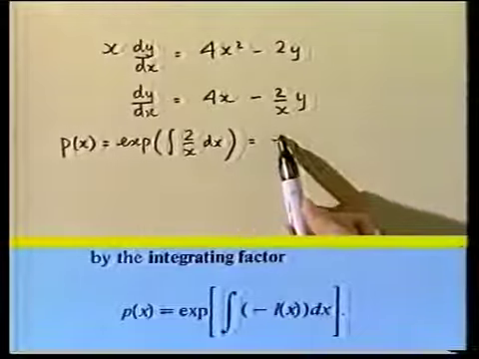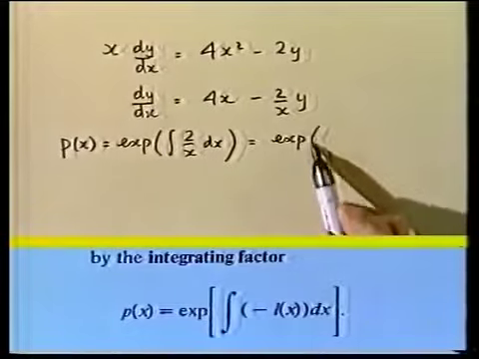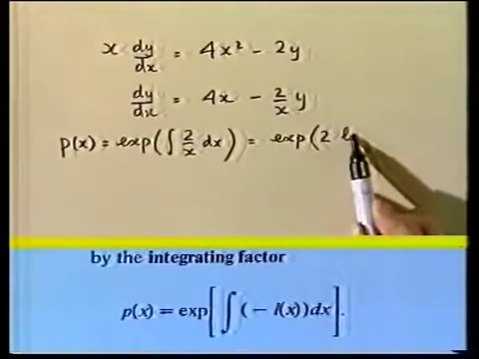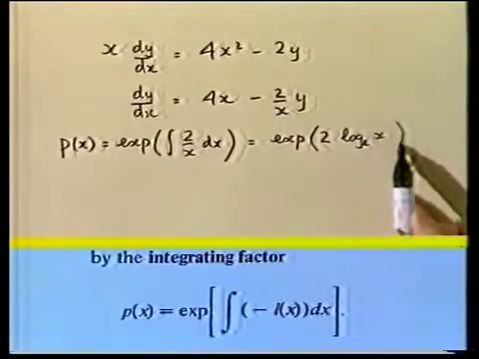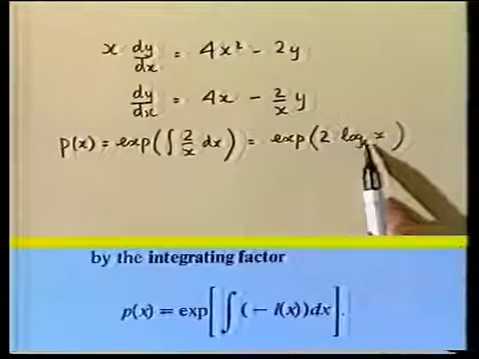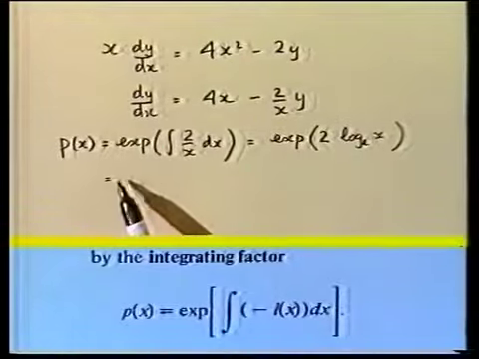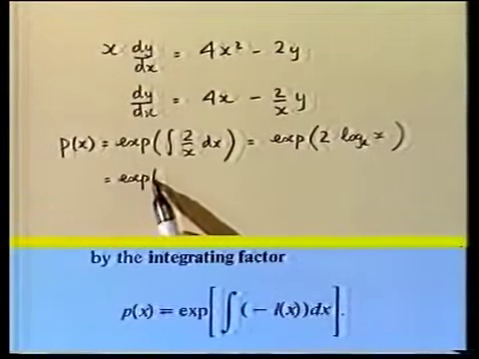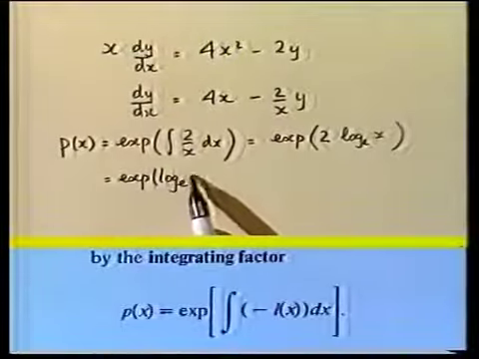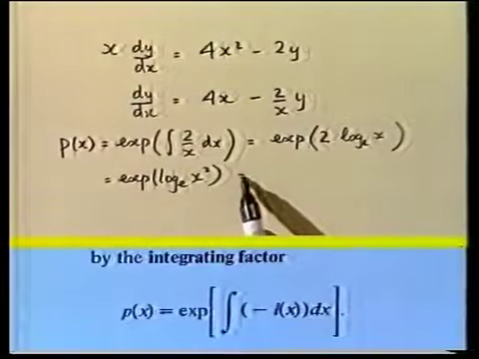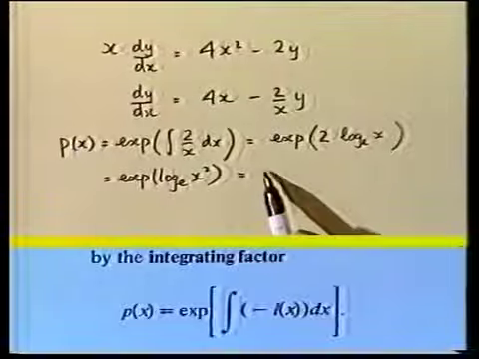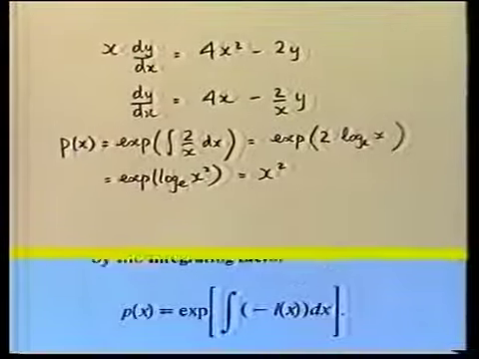And now doing the integration, I've got the exponential of twice log to the base e of x. This 2 comes inside the log to make x squared, so it's exponential of log to the base e of x squared. Log and exp are inverse functions, so that's just x squared.